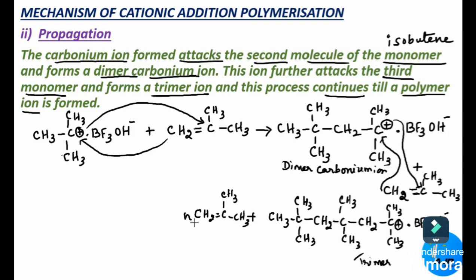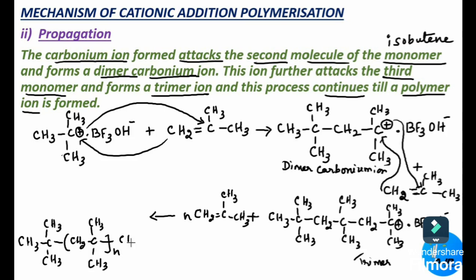And finally we will be getting the product like, let me write here CH3, again let me write it in a bracket CH2, single bond CH3, this is isobutene molecule, okay, again n, CH2, single bond C plus charge, CH3, CH3 dot BF3 OH minus.